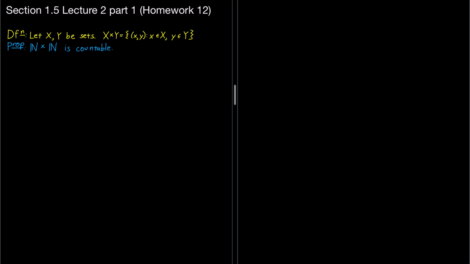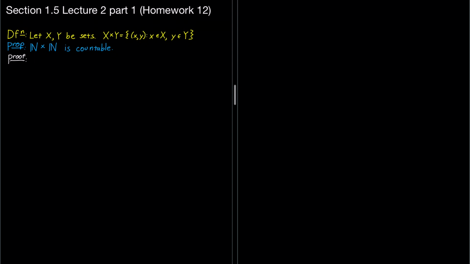There are twice as many integers as natural numbers, but in some sense there's the same number. And here's the same thing. Here we've got effectively infinitely times as many. So here is how we go about proving that.